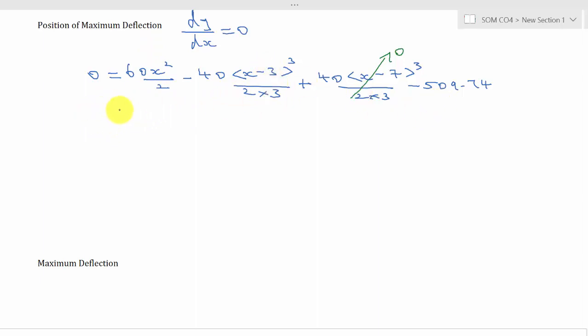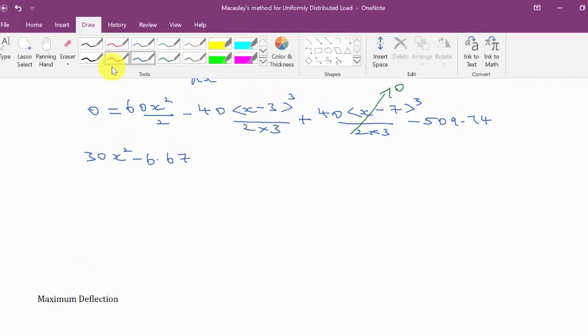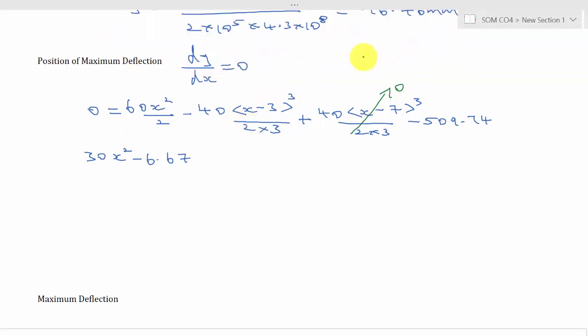So I'm going to solve this. So this is my 30x square, then minus 6.67. So if you solve 40 divided by 6, it is 6.67. Then x minus 3 the whole cube is in the form of a minus b the whole cube, and we know that for a minus b the whole cube, the equation is a minus b the whole cube is equal to a cube minus b cube minus 3 a square b plus 3 ab square.